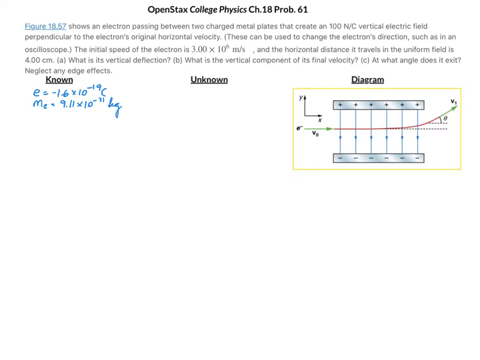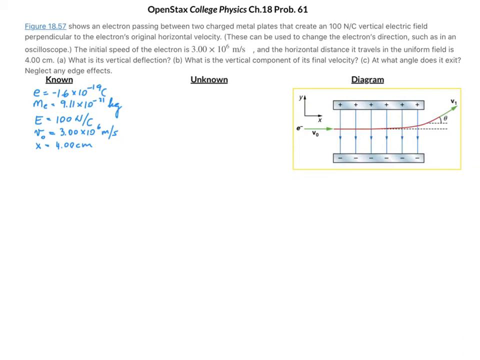Then we know that there is an electric field of 100 newtons per coulomb, and it's directed straight down. The initial velocity of the electron is 3 times 10 to the 6th meters per second, and it travels a horizontal distance x of 4 centimeters.